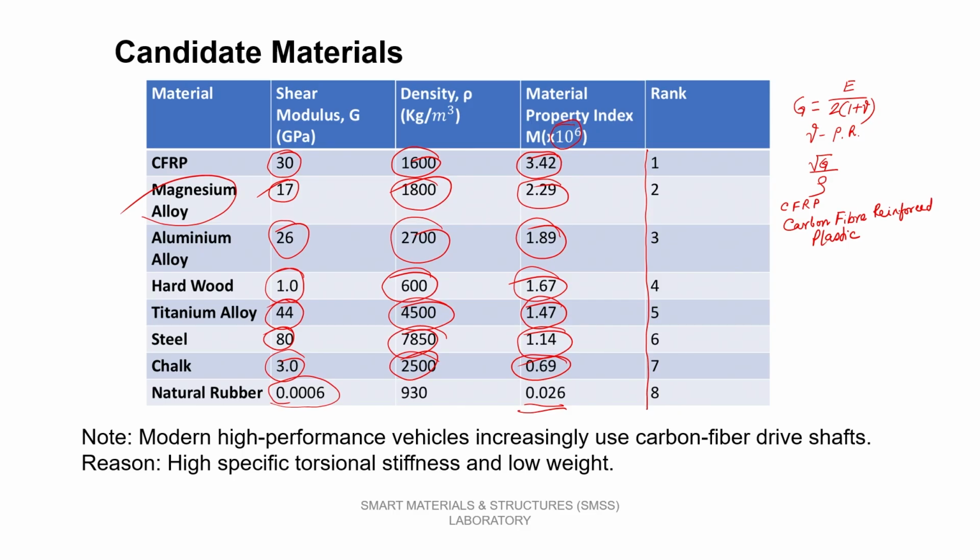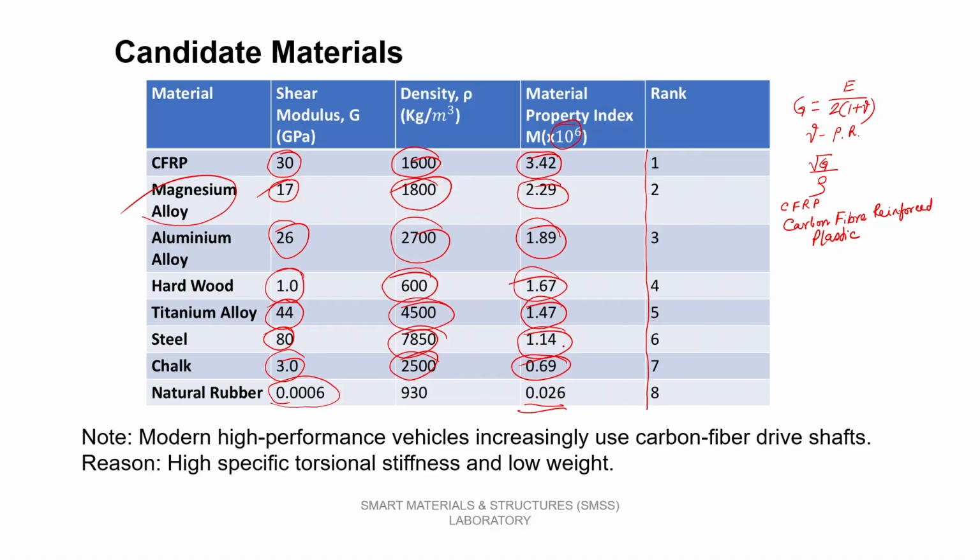Now, from here some of the things we are going to cut. For shaft, in very ancient days, we indeed used to use hardwood. If you look at the chariots, for example, before iron was discovered, wood was used, and it was not a bad choice. You see, with 1.67 it is better than steel.